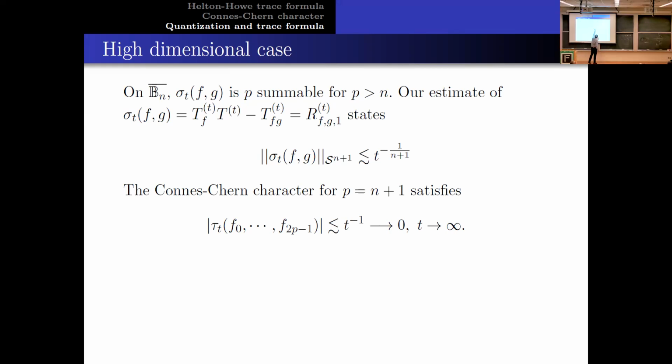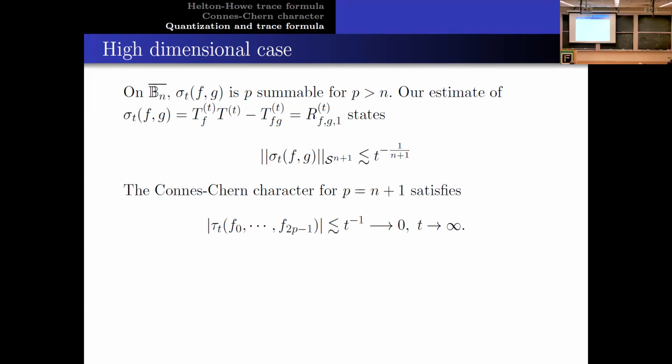We cannot choose p equal to n because the semi-commutator is not in the Schatten n class, it's in the n plus class. So the natural integer to choose is n plus 1. With this estimate, we can check that this Chern character actually converges to 0 as t goes to infinity. So this is also compatible with what we just saw in the one-dimension case.